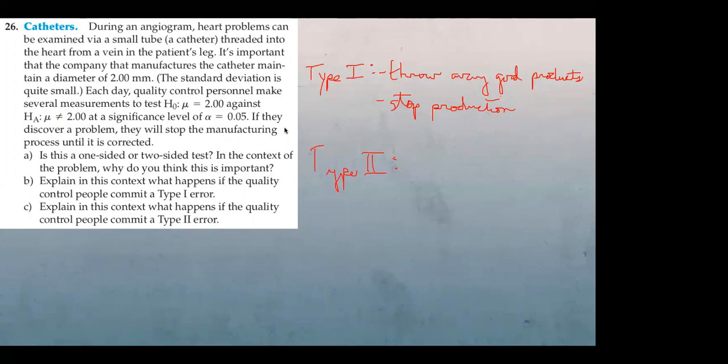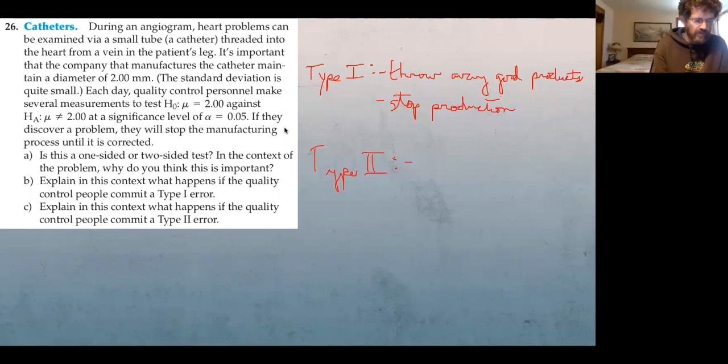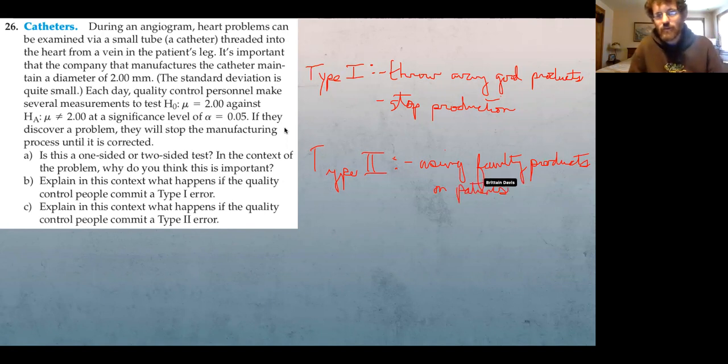You're putting too big or too small catheters inside people. Yeah, using faulty products on patients. Okay, and therefore, which one seems to be worse?